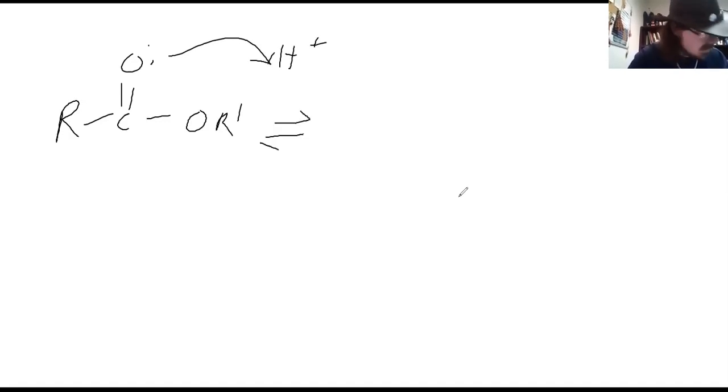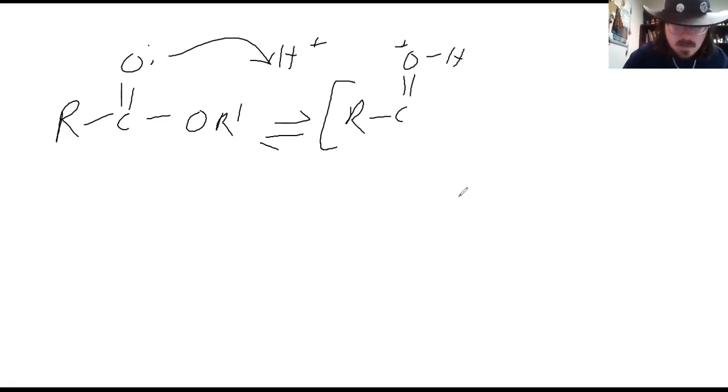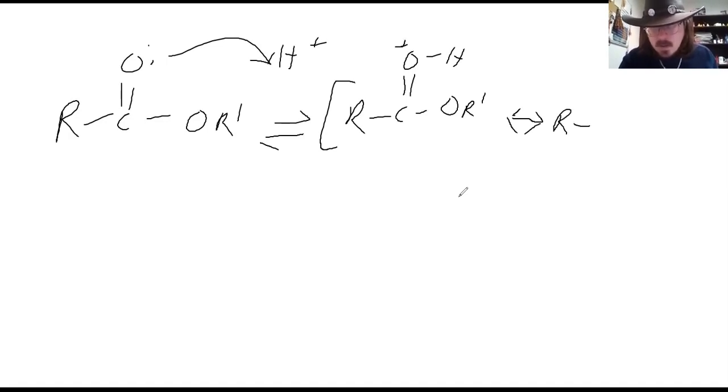We have this intermediate, CO, which might, of course, equilibrate between that and OH.